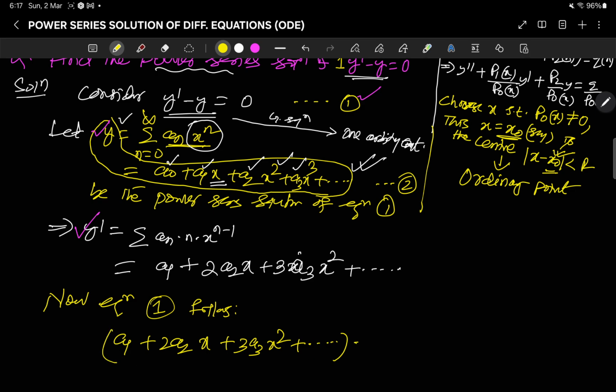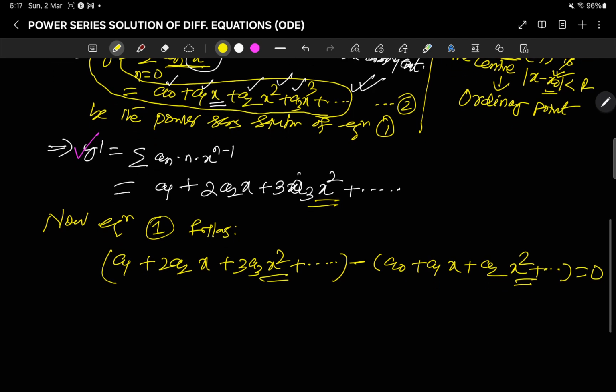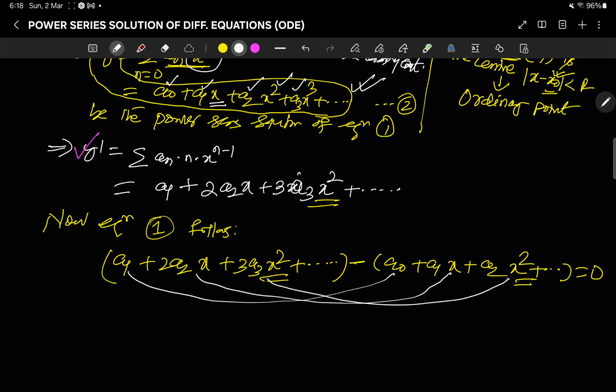This is my y dash, minus y, which is a0 plus a1x plus a2x square plus so on, is equal to 0. Since this is up to x square, I write this up to x square. Now I collect the like powers of x, meaning I collect the constant term, the coefficient of x, the coefficient of x square, and so on.